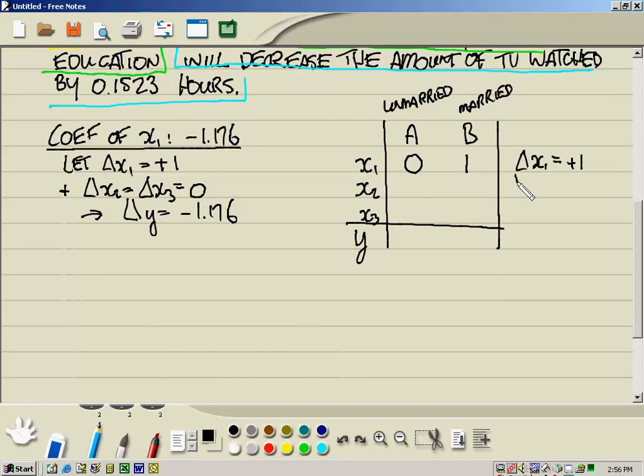Alright, and then we want that the other two x's are unchanged, and so what we'll do here is just make up some values. The age of senior citizen A, let's say 72 years old, then the other one has to be the same, and the number of years of education of senior citizen A, let's say 9, and 9 for B also, so it's unchanged.